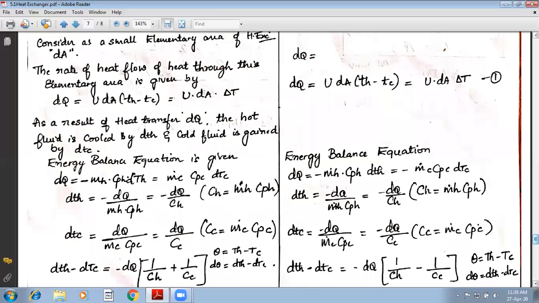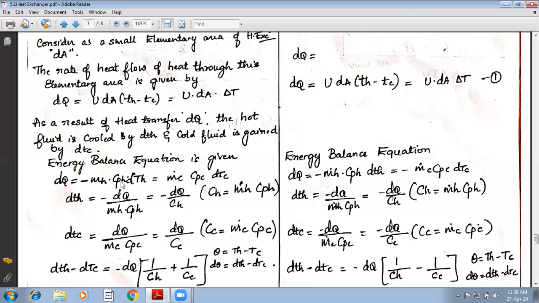Now if you write that equation, it is nothing but m Cp into dTh. This is the amount of heat lost by the hot fluid. m Cp into dTc is the amount of heat gained by the cold fluid. Now here we have denoted m suffix h, Cp suffix h.